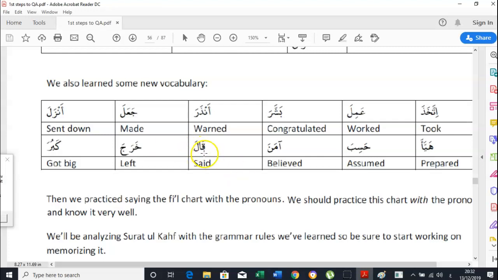Okay. Fa'al is a tricky one, I mentioned at the end. Hasiba, to assume. I assumed. حسبت, very good. Both of them males, assumed. حسبا, they assumed. Yeah, good. حسبوا, those females assumed. حسبنا.